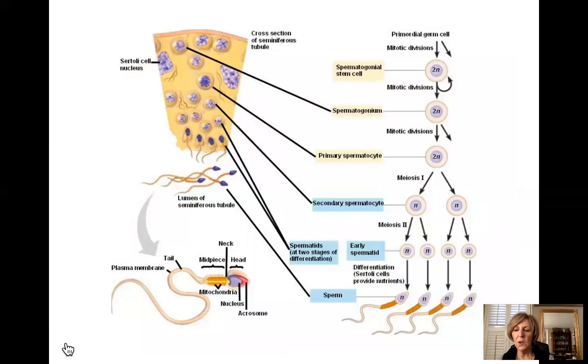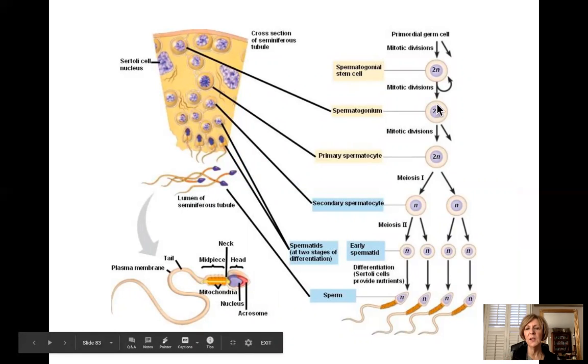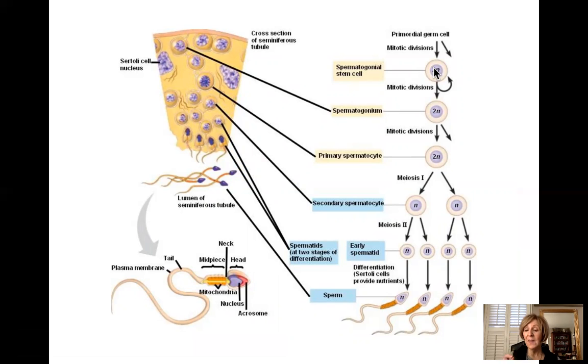All right, so that was a really great video just to give you the idea of what's happening here in spermatogenesis. We have a 2N cell in the male testes that is going to undergo mitosis and produce a whole bunch of these. This starts during puberty of a young boy.